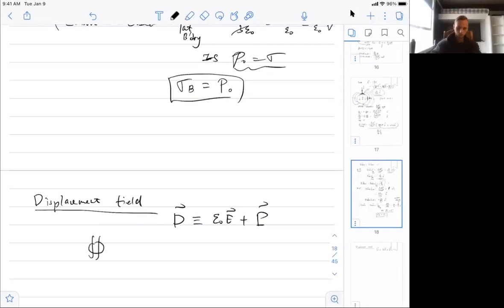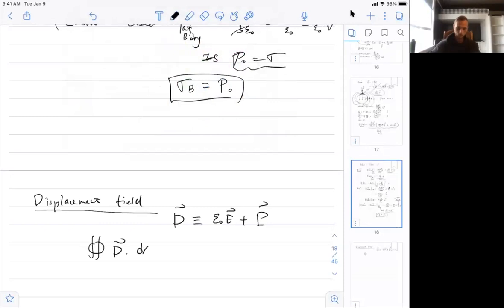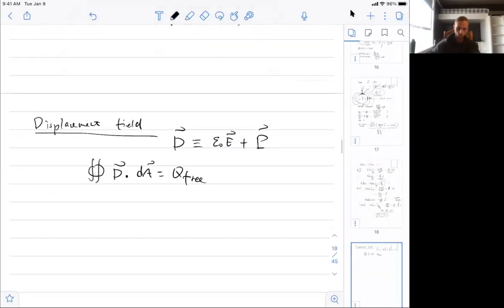And also Gauss's law for your D field is the integral of D dot dA equals Q free enclosed. Oftentimes it's easier to calculate D first because we know what the free charges are. We don't always know what the bound charges are. But since you have this relationship and if your material is linear, P is also proportional to E.